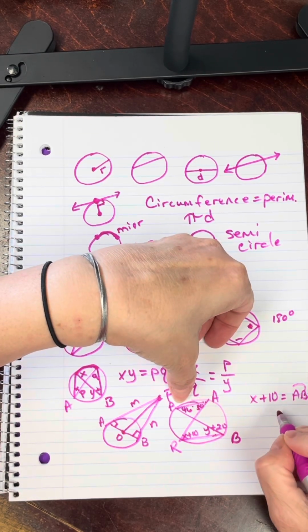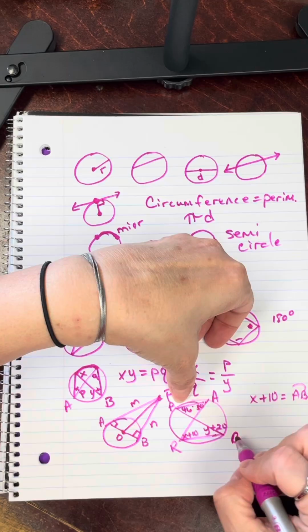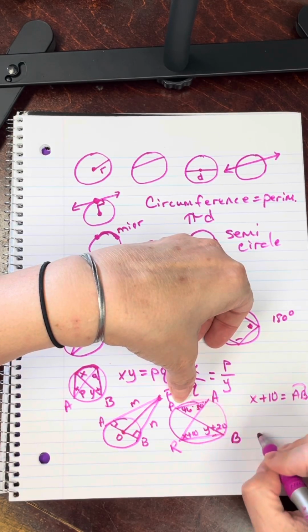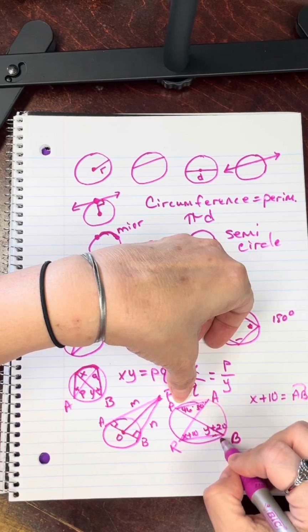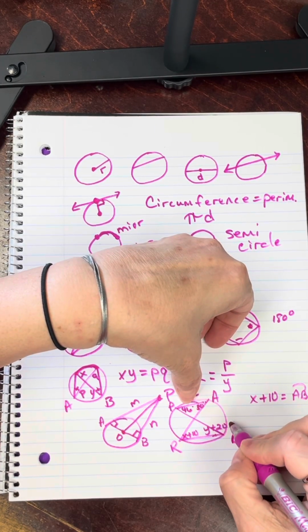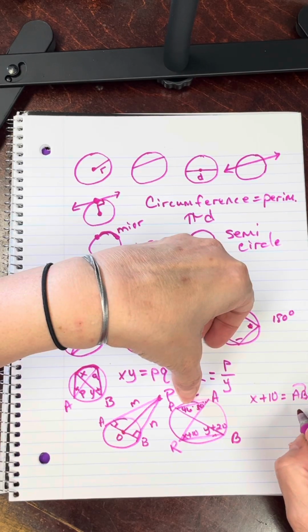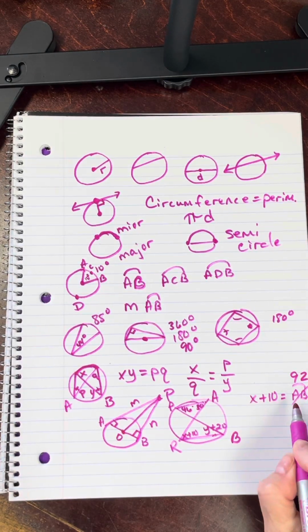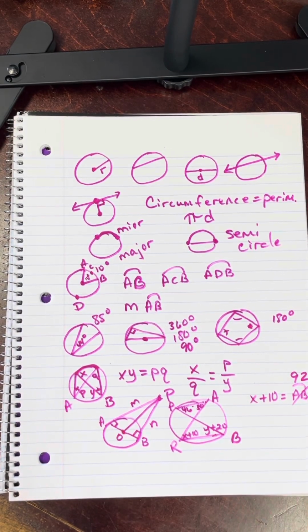So that means 46 degrees is that angle, and it cuts the same arc. I do not know what the arc measurement is here, but if this is 46, my rule says this arc is doubled. So 46 doubles to 92.